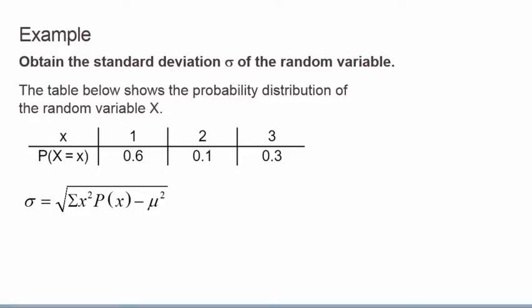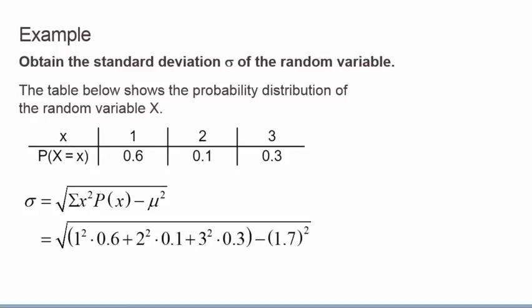So using the formula, sigma equals the square root of the sum of x squared times the probability of x minus the mean squared, which equals the square root of 1 squared times 0.6 plus 2 squared times 0.1 plus 3 squared times 0.3 minus 1.7 squared. This result is 0.9, so the standard deviation of the probability distribution is 0.9.